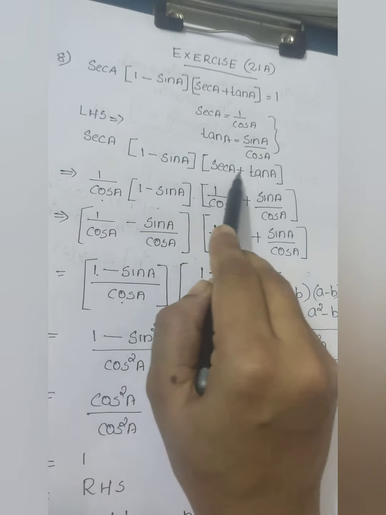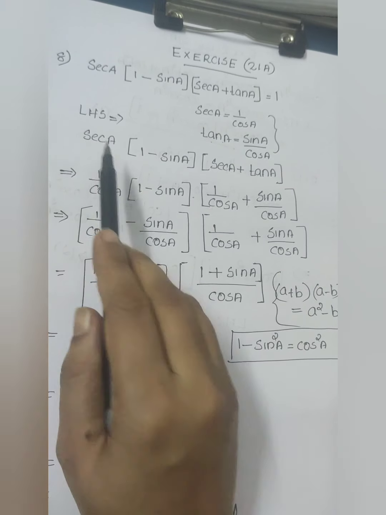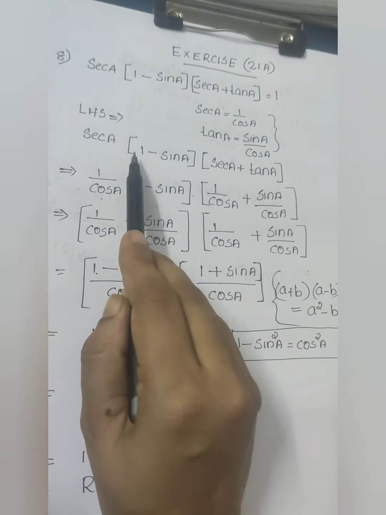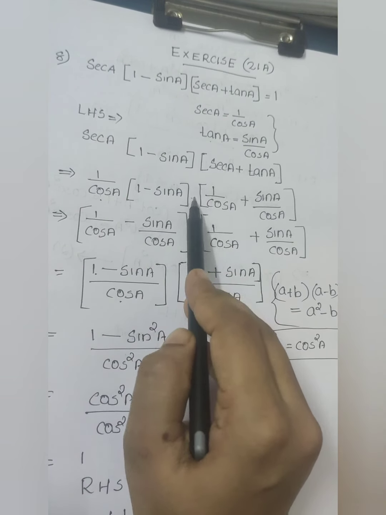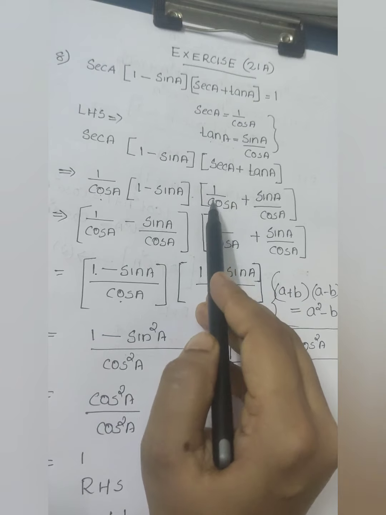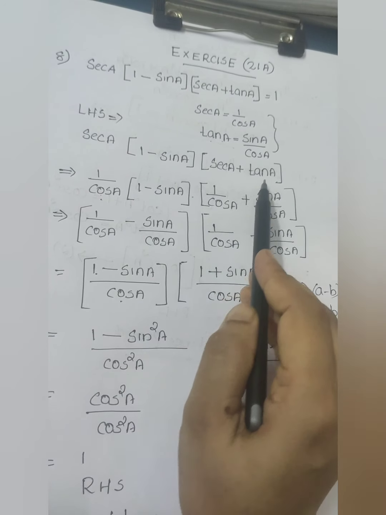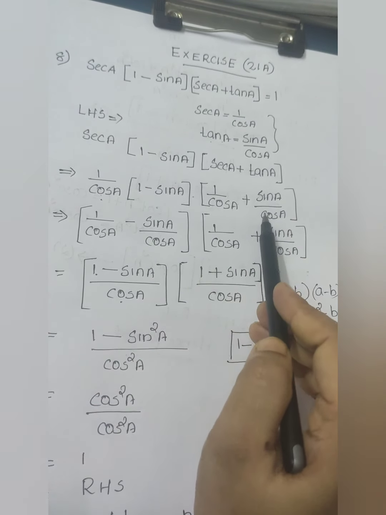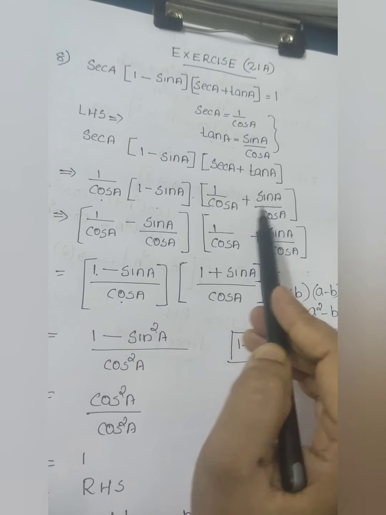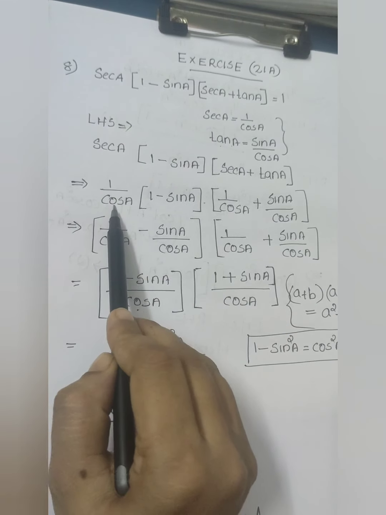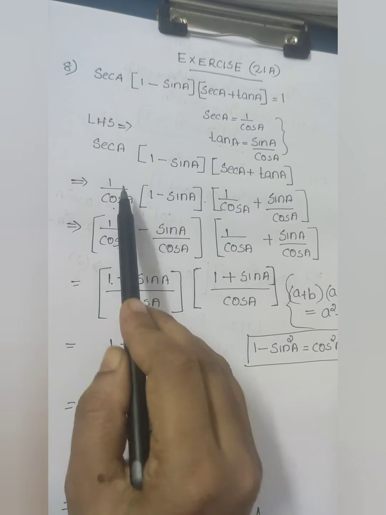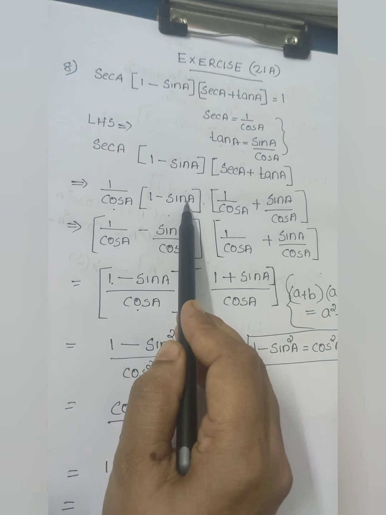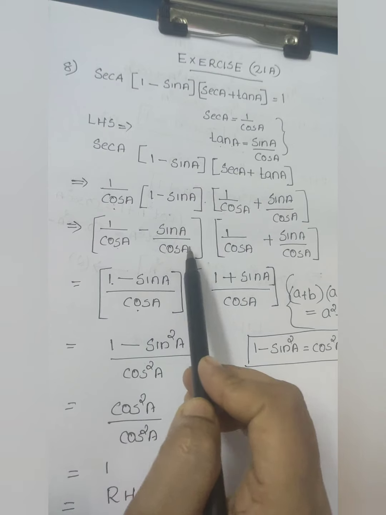Then our LHS part will become, instead of sec a, 1 by cos a into 1 minus sin a into, instead of this sec a, 1 by cos a plus, instead of this tan a, sin a by cos a. Now multiply. 1 by cos a into 1 is 1 by cos a, minus 1 by cos a into sin a, that is sin a by cos a.